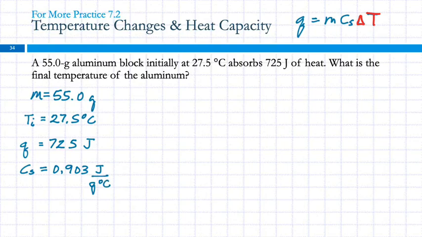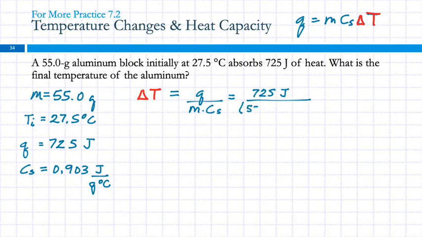So if I rearrange that equation, delta T is going to equal Q divided by this other stuff. So Q is 725 joules. Mass is 55.0 grams.